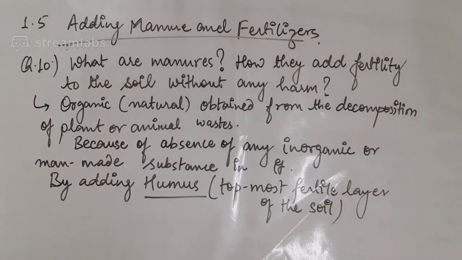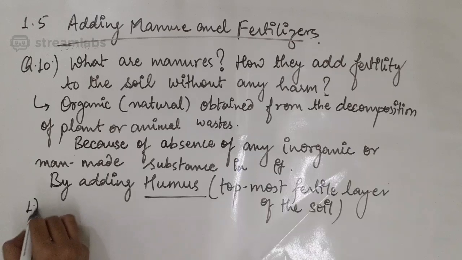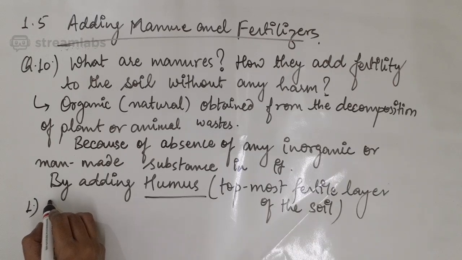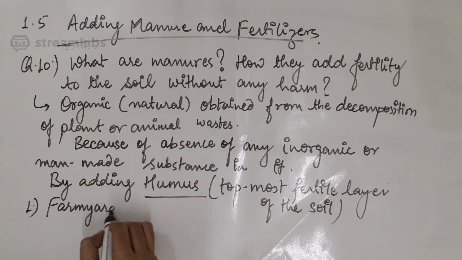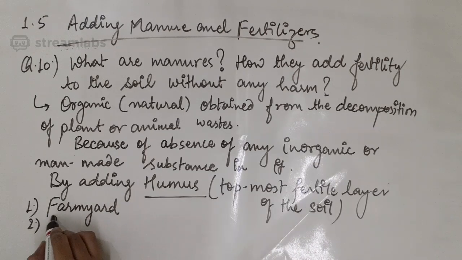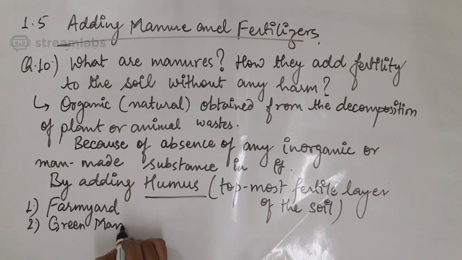There are different kinds of manure. First is farmyard. Second, green manure, which is formed only from the green leaves.